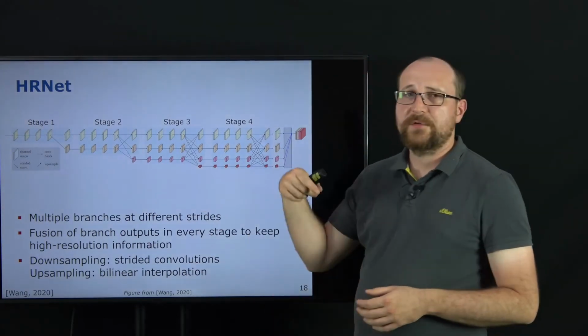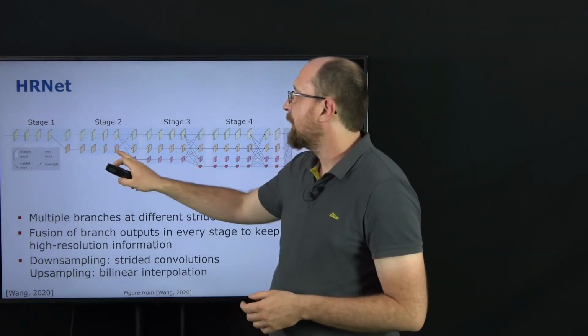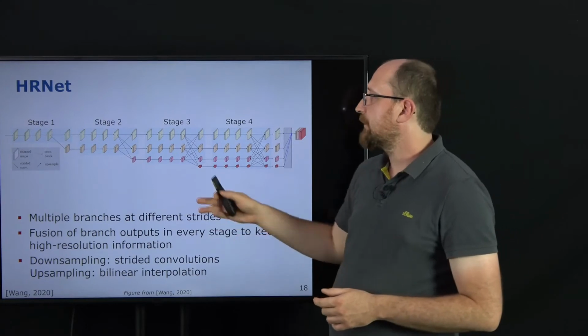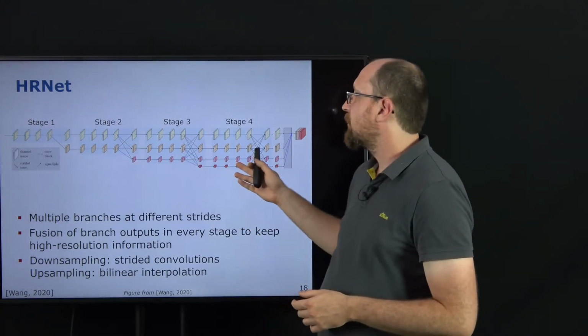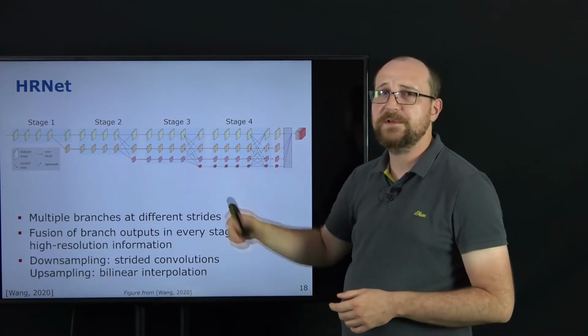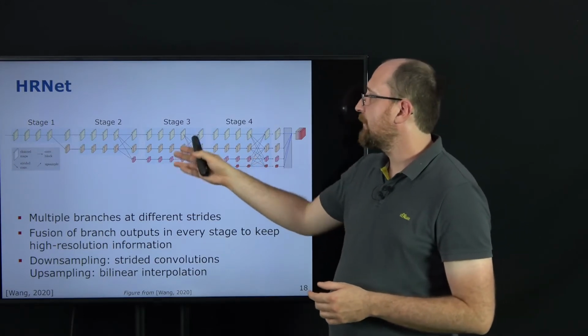So arrows that go down is basically a downsampling operation, and when the arrows go up, it's basically an upsampling operation. And as you can see, in each stage we are getting more branches, which are then having also larger receptive fields, basically on the feature maps of the previous stage.